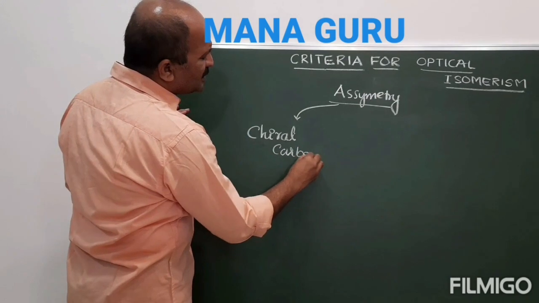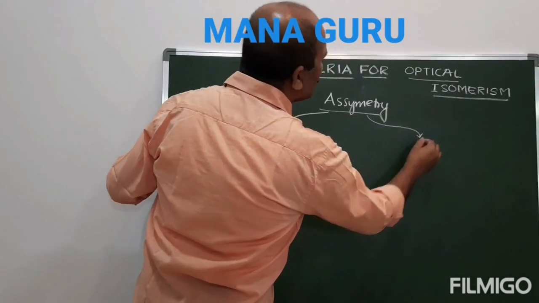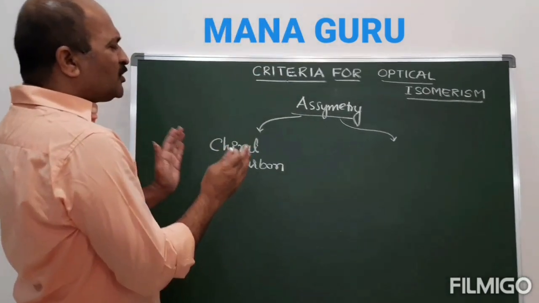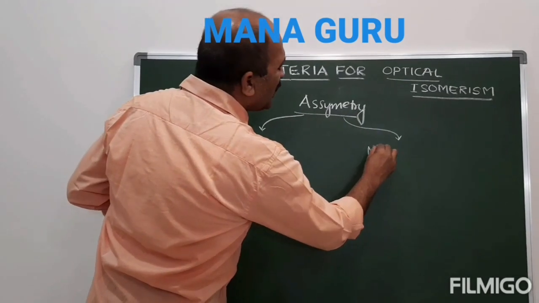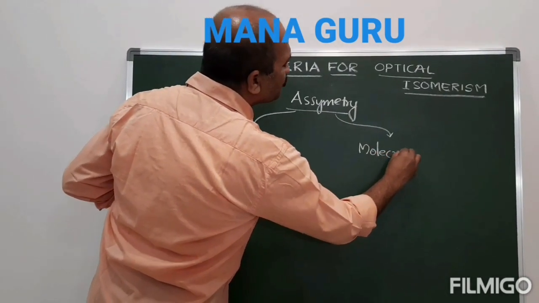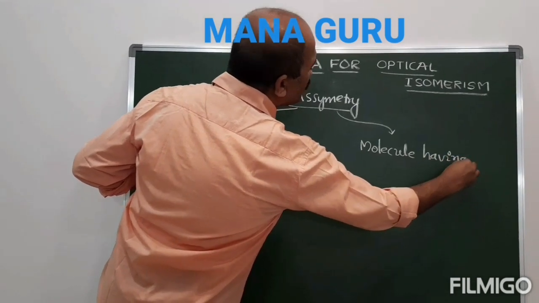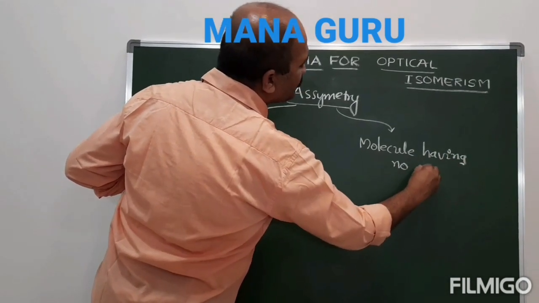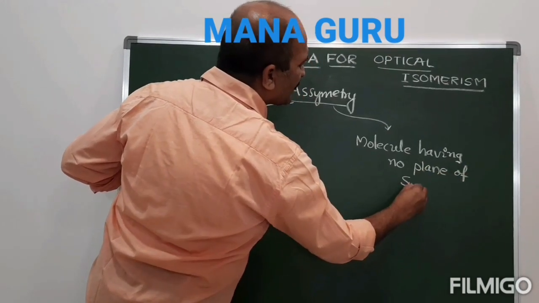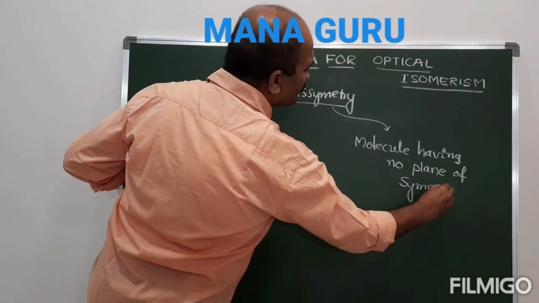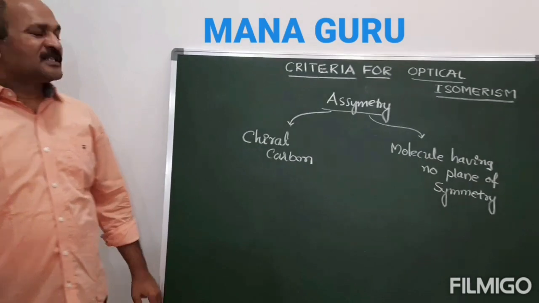And the second reason is the molecule, whether it has a chiral carbon or not, if it is to be an asymmetrical molecule, that means a molecule having no plane of symmetry, can exhibit optical isomerism.